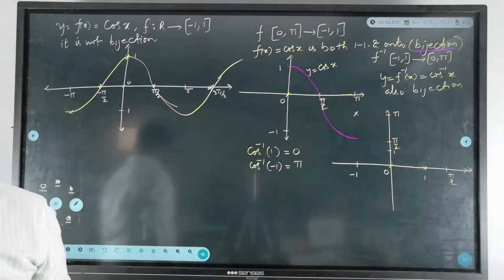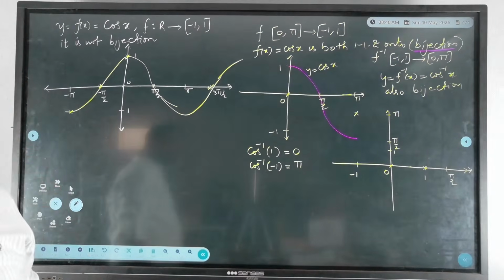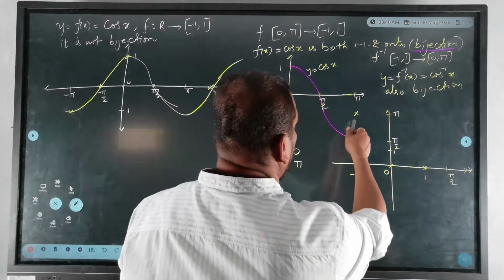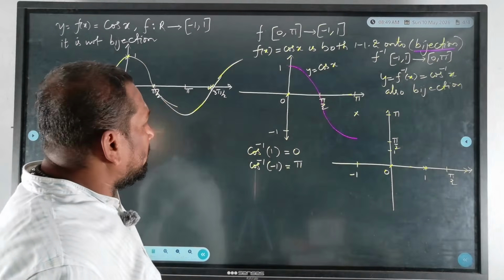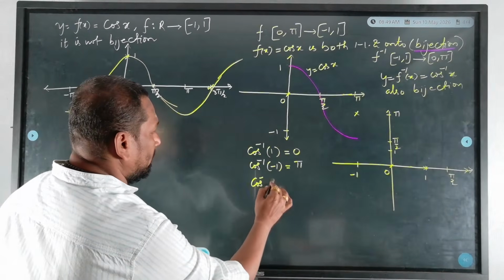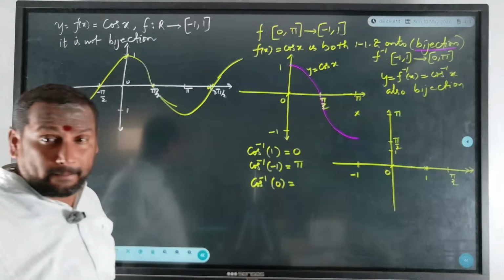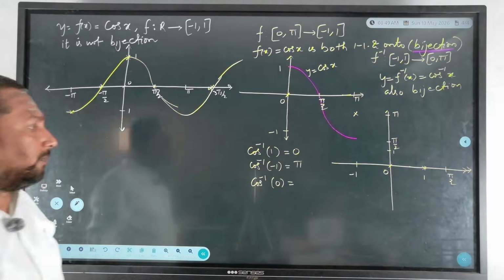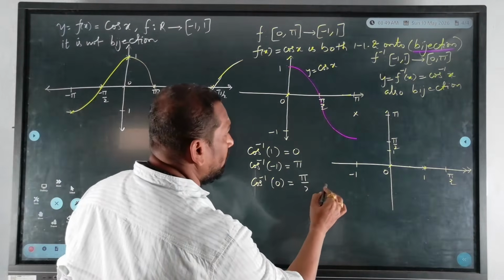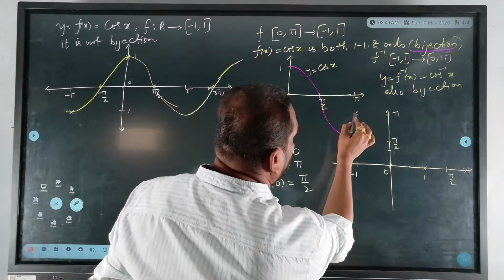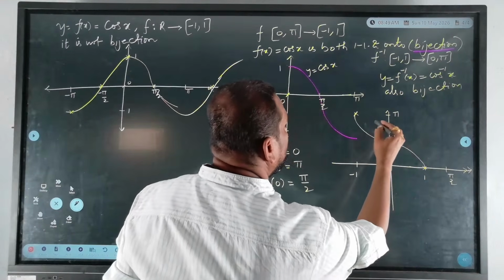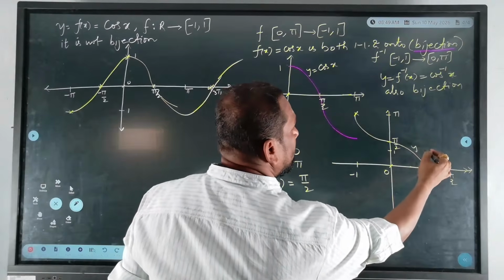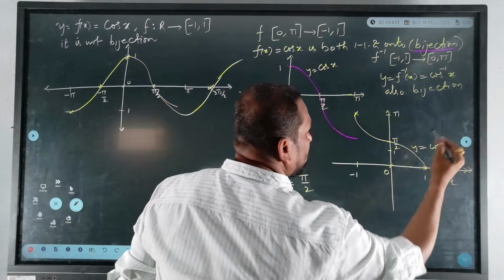Okay? Right. Next, cos inverse 0 is pi by 2, obviously. So this is the graph. This is the y is equal to cos inverse x graph.